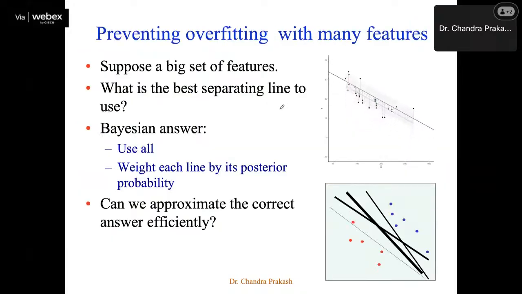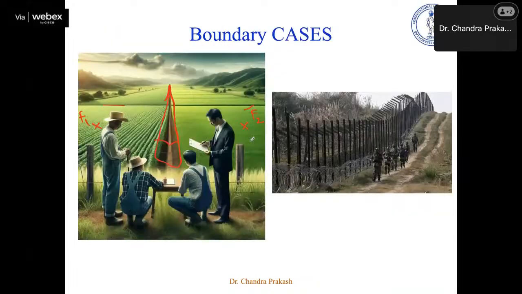So what we used to do earlier with the help of the Bayesian approach, we consider these different points over here. Let's say this is the point for another class.